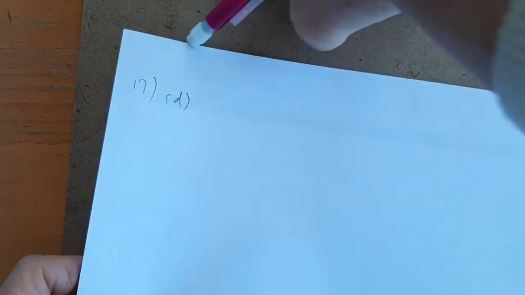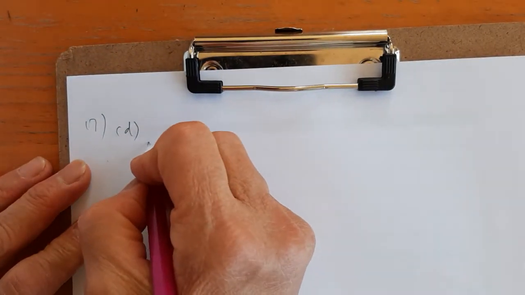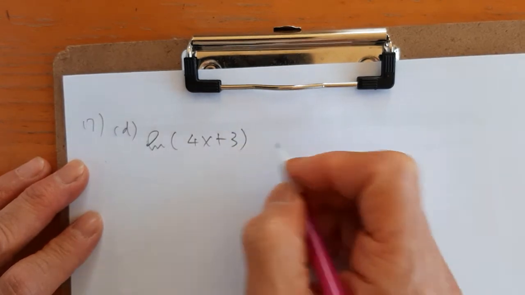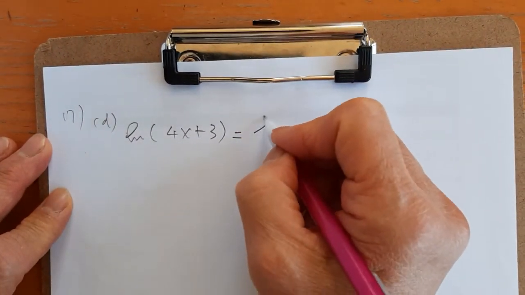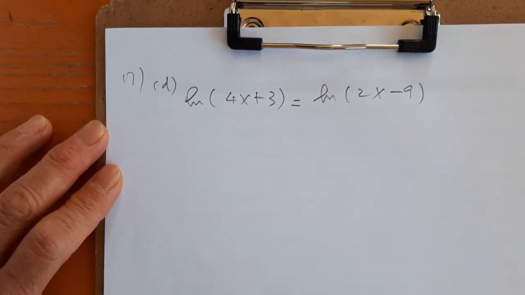17D. Also solve the logarithm equation: ln(4x + 3) = ln(2x - 9). Solve for x.